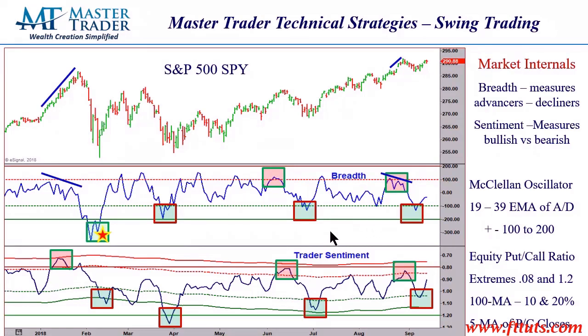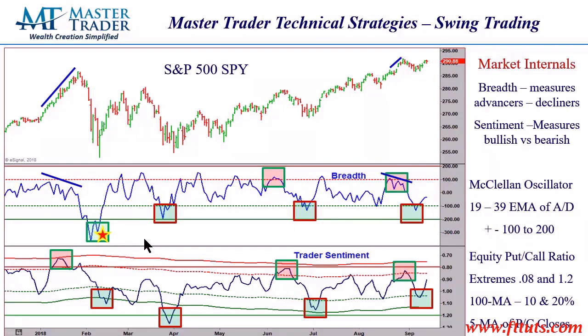And so what we're looking for, you can see in the green boxes, is when it moves down below minus 100, in between minus 100 and 200. Sometimes it'll get down to minus 300 during an extreme move. Historically, markets will bounce pretty soon after it gets down there. But that powerful move is a warning shot across the bow, and you can see that was a powerful move to the downside.